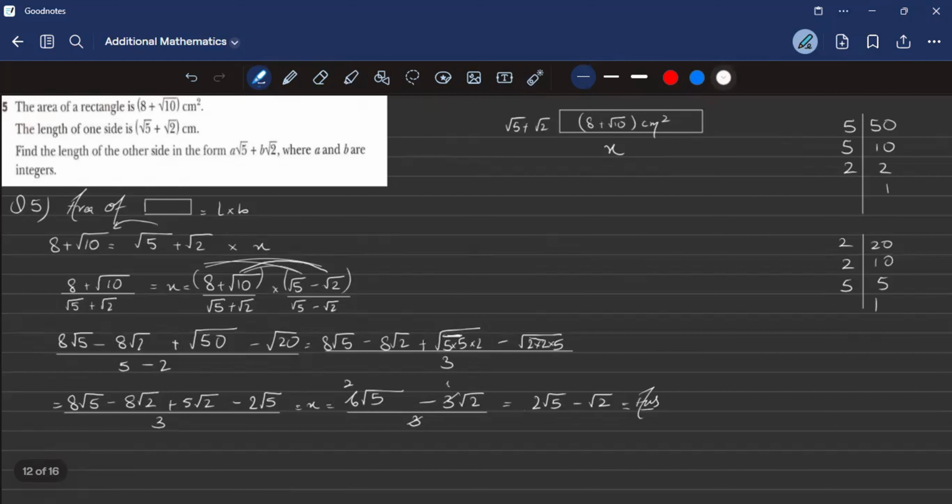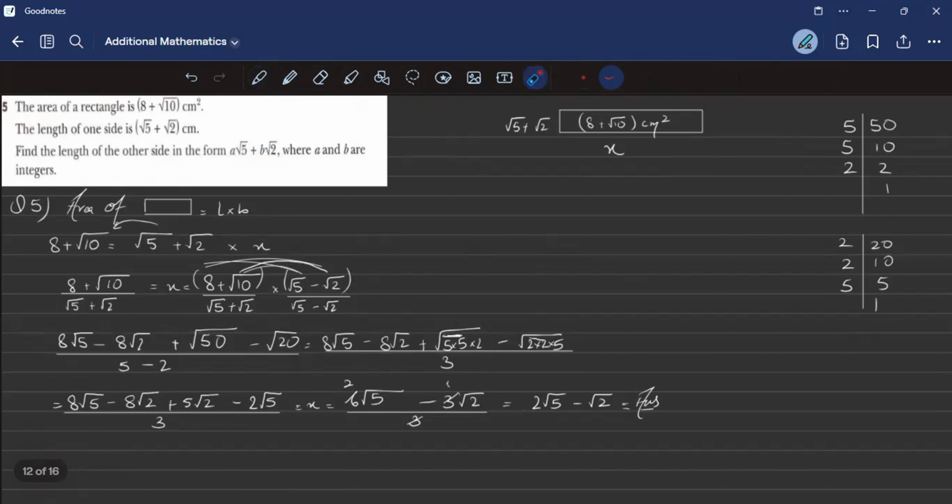I know this might be confusing by the fact that we do not have plus b under root 2, but a positive and negative change does come whenever you do these specific types of questions. So that's basically it for question number 5. So 2 under root 5 minus under root 2 is your answer.